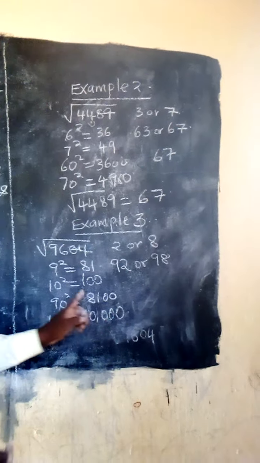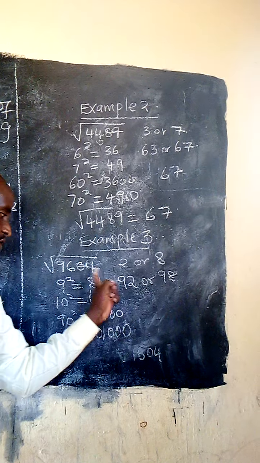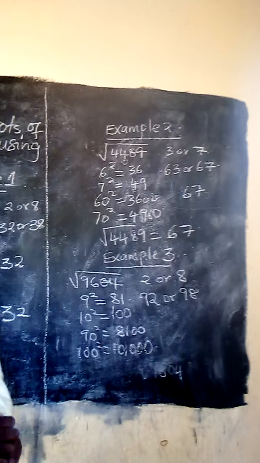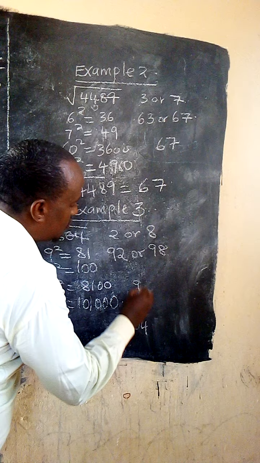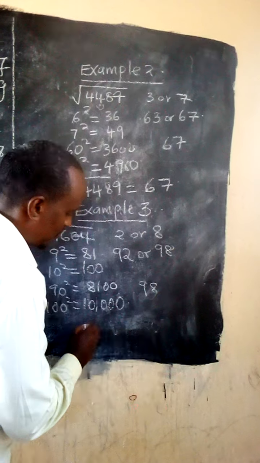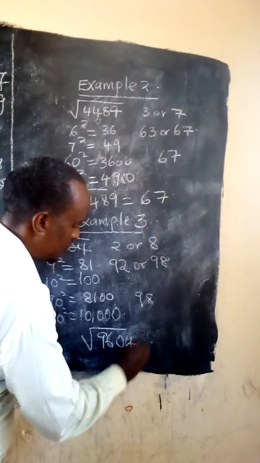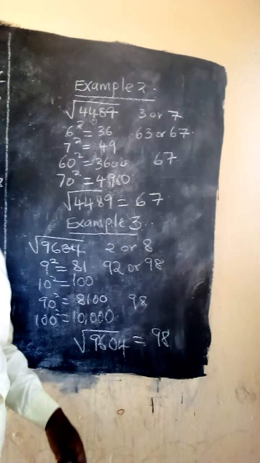So between 8,100 and 10,000, 9604 is nearer to 10,000. Then we take the bigger digit. So that will give us 98. Thus, the square root of 9,604 is 98. Thank you.